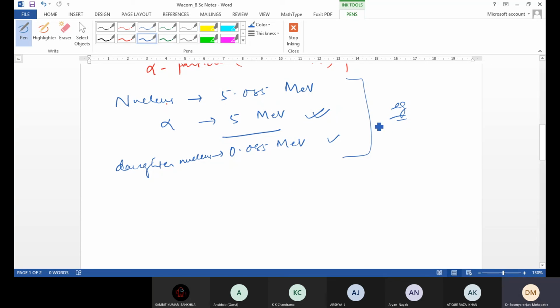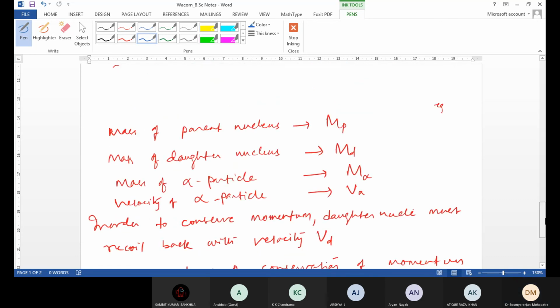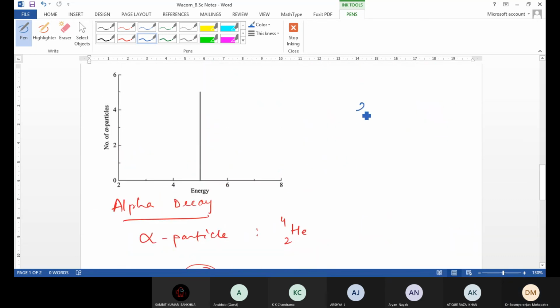This graph is called the energy spectrum of alpha particles. Understood? Is it clear? Yes.